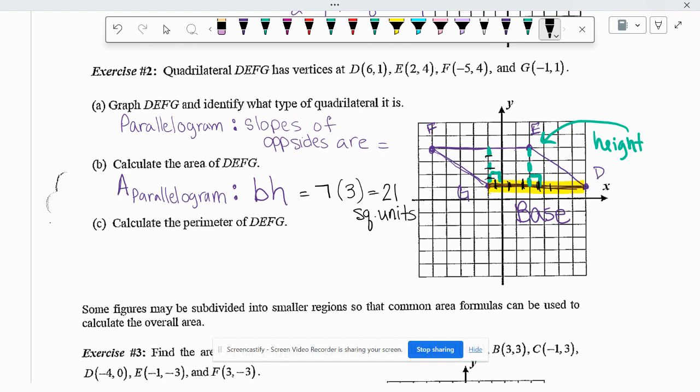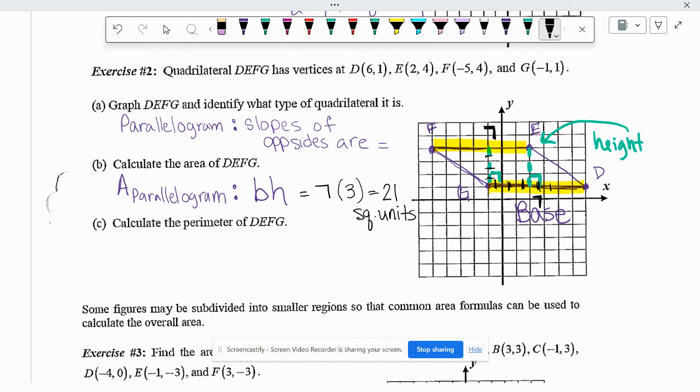Now, the next question is not as easy. It asks me to calculate the perimeter. Perimeter is adding up the sides on the outside. So I know that the opposite sides of a parallelogram are congruent. So if this has a measurement of 7, then this also has a measurement of 7.